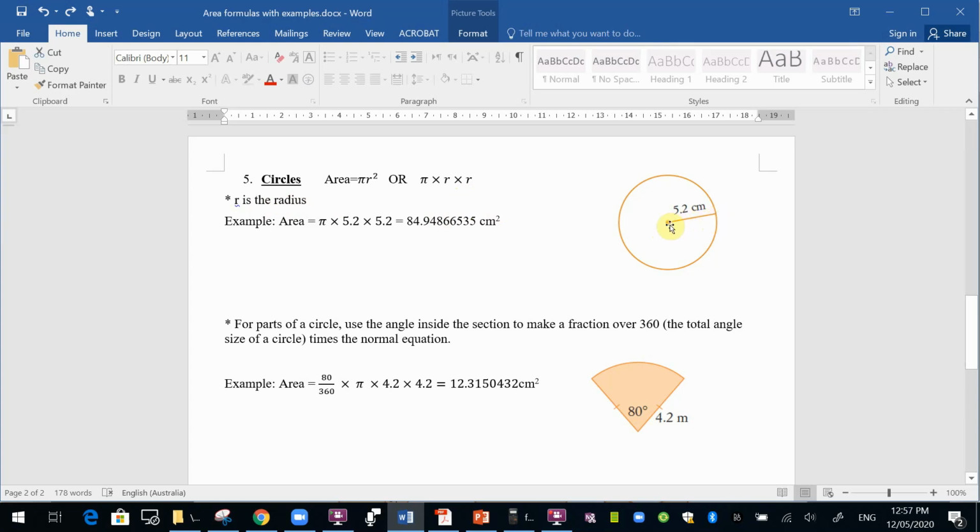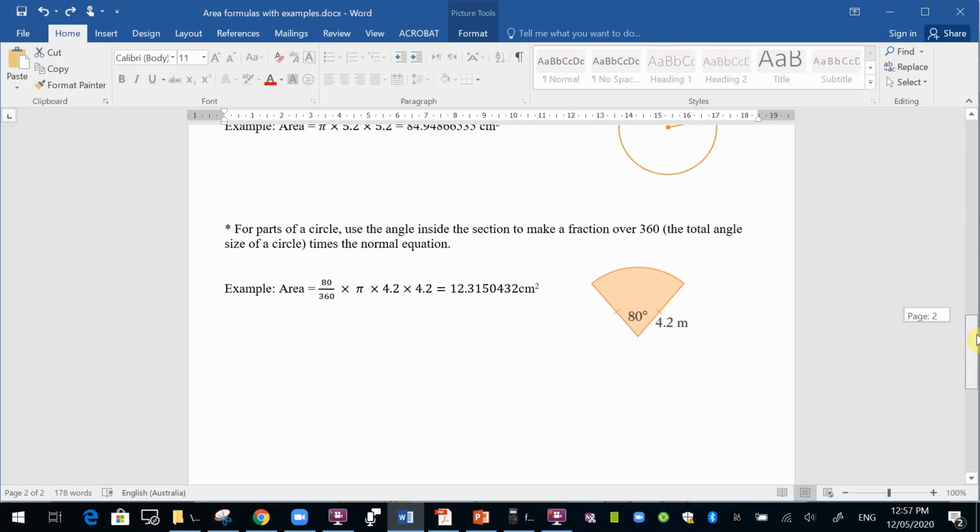That's the radius. Don't fall into the trap of using the diameter, which is twice that all the way across. It must be just the radius. So for this example, the area is pi times 5.2 times 5.2. And there's our answer.